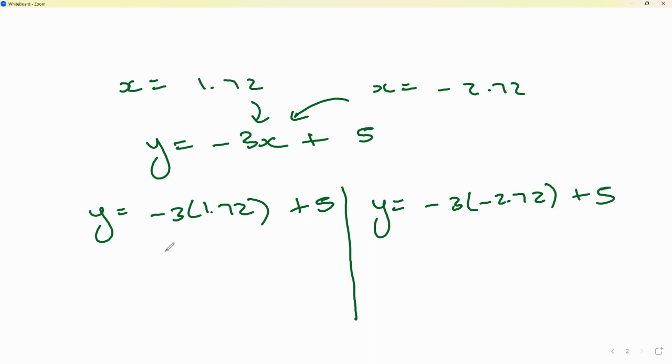All right, grab a calculator again. Negative 3 bracket 1.72 close bracket plus 5 comes to negative 0.16 for y. And on this side, negative 3 multiplied by negative 2.72 plus 5 will come to 13.16.